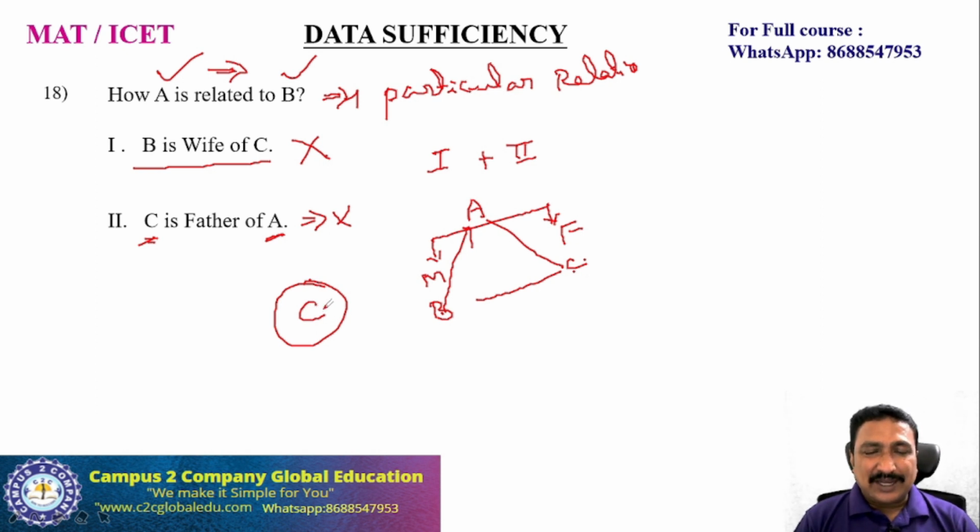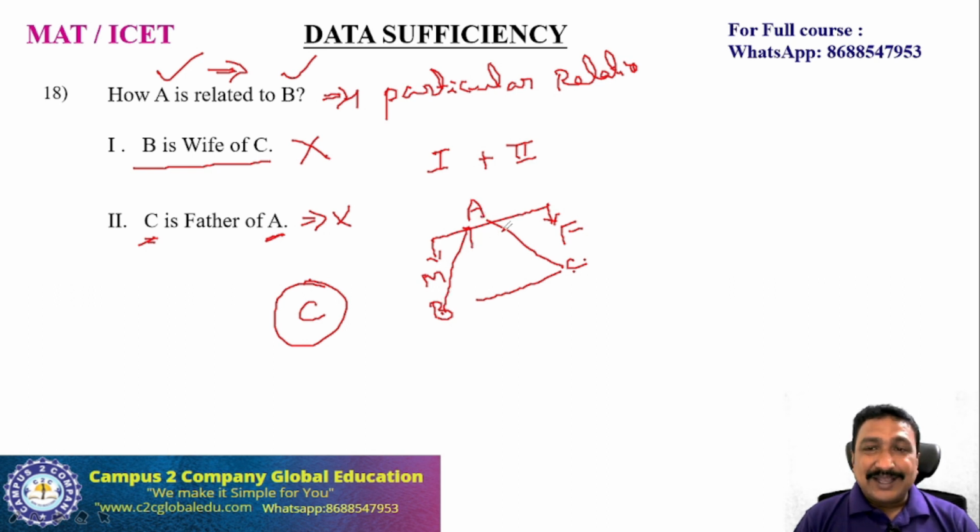Okay, friends, so like this we can find. But this question is sometimes wrong. Why? Because B is the wife of C and C is the father of A, but we don't know exactly the information related to A and B. Whether A is the son of B or B is the mother of A, we don't know.